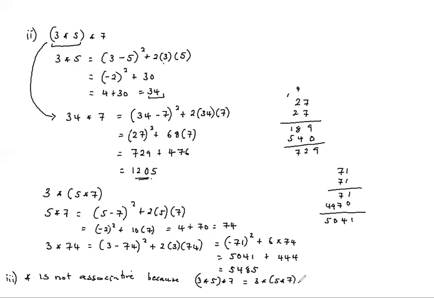So once one case fails, then all the cases fail. We don't care even if all the other cases are true, provided one fails, then we can make a statement that in general, star is not associative.